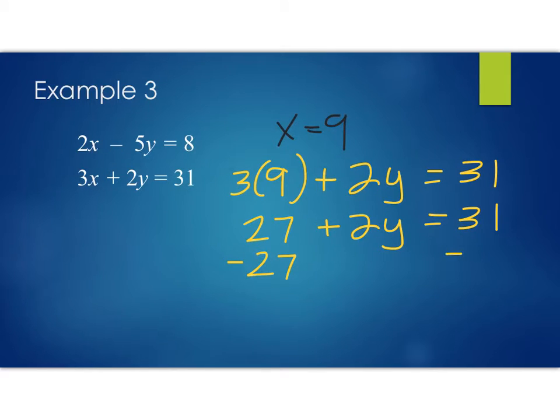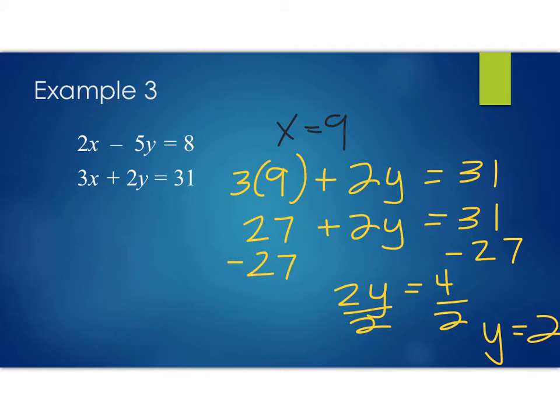Subtract 27 from each side. We'll get 2y equals 4. Divide both sides by 2. That means y equals 2. So our answer, we got x equals 9, y equals 2.